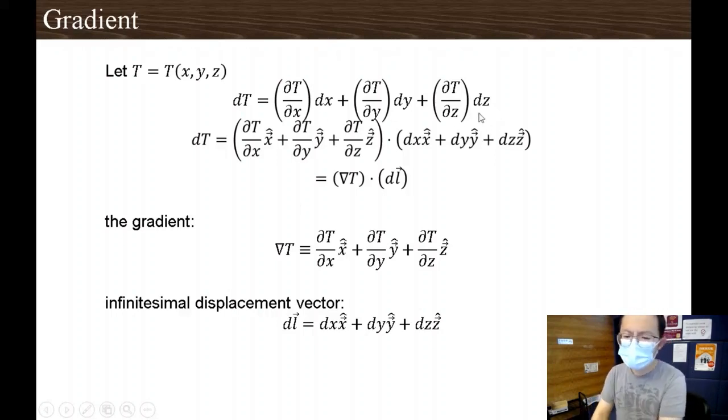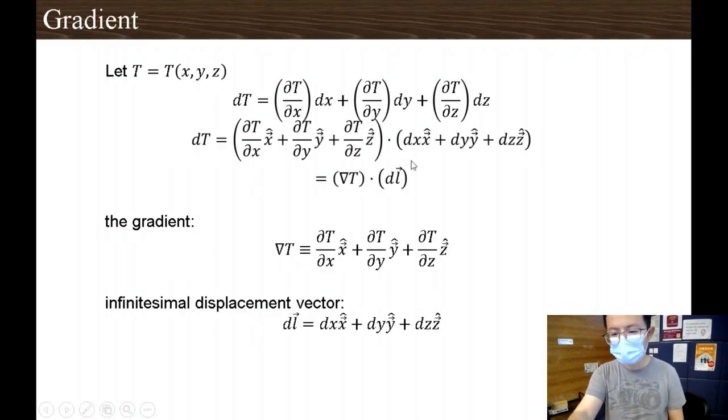And from this expression, we can actually separate it into two terms. One is the dl, the second term, which simply is the infinitesimal line element. So it's dx x hat and dy y hat and dz z hat.